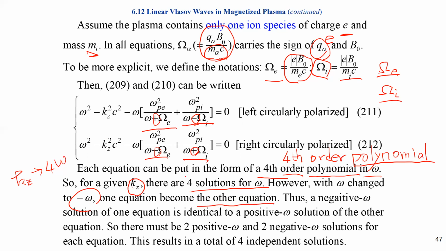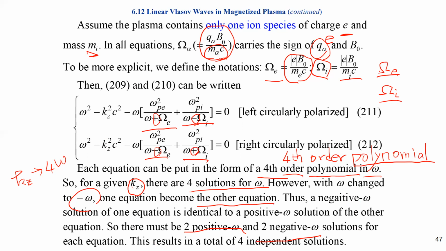They differ by a minus sign, which means a negative omega solution of one equation is identical to the positive omega solution of the other. So there must be 2 positive omega solutions and 2 negative omega solutions for each equation. That results in a total of 4 independent solutions.